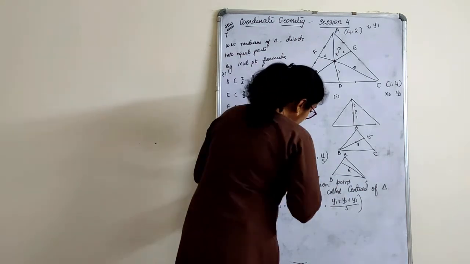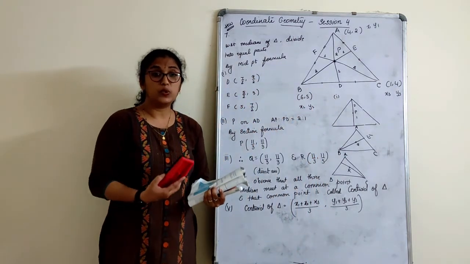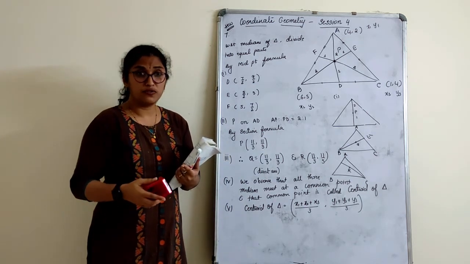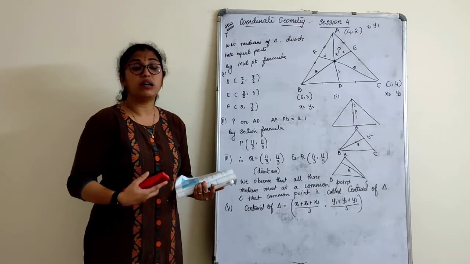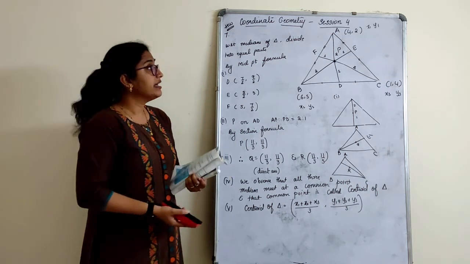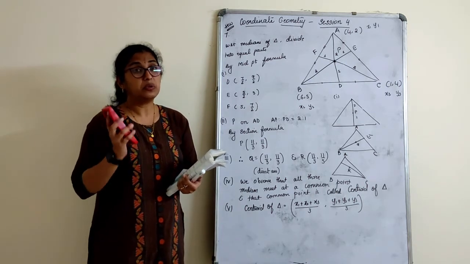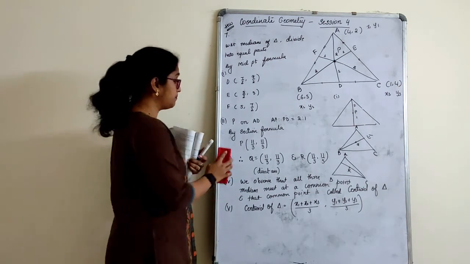Next one also. Now see, why am I marking this for homework? We have been doing, till now we understood what the midpoint formula, section formula, area of triangle, and distance formula are. You should know how and when to apply them at least by now. Even if I sit and solve everything, then when will you learn to do it? So that's the only reason I am marking these sums for homework after explaining.